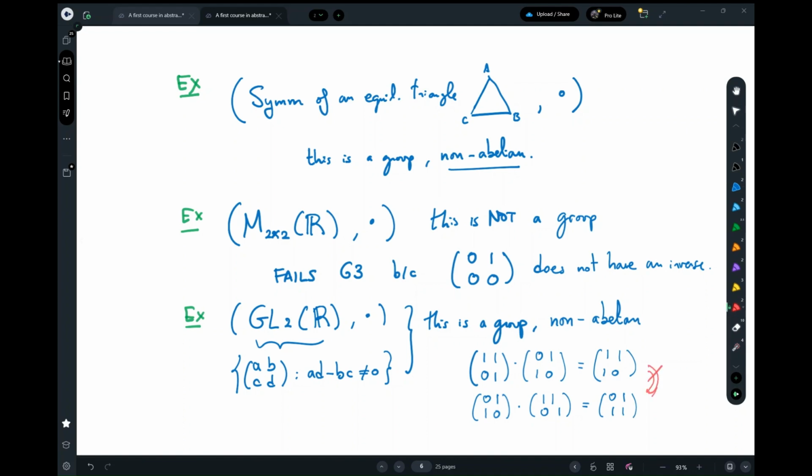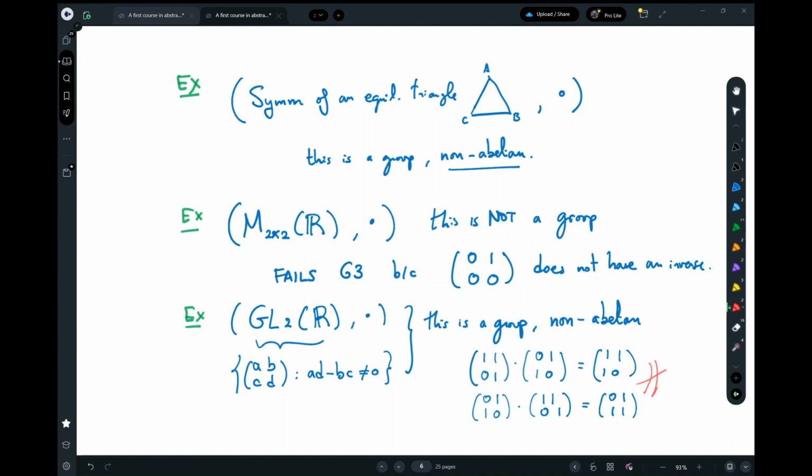Therefore, matrix multiplication does not commute. For a group to be non-abelian, it is enough that two elements do not commute. That makes the entire group non-abelian. If I want to show that a group is abelian, then I have to show that every pair of matrices commutes.